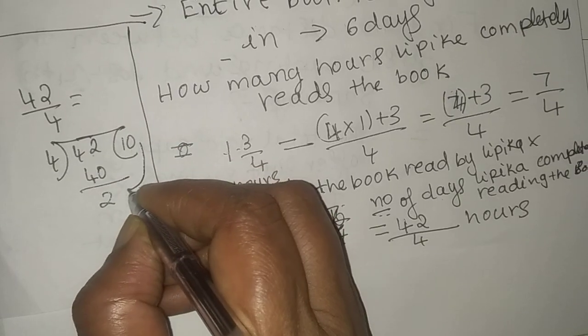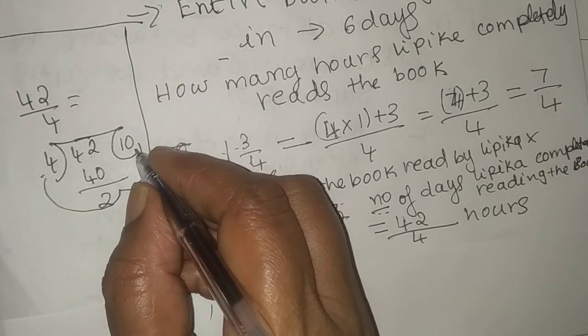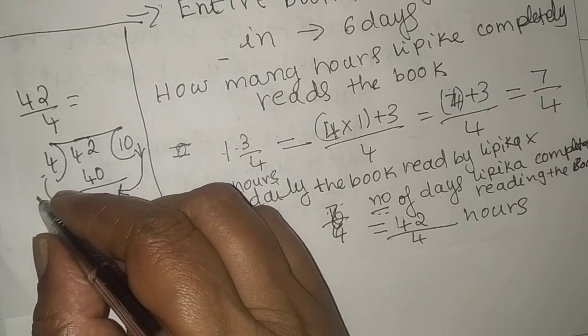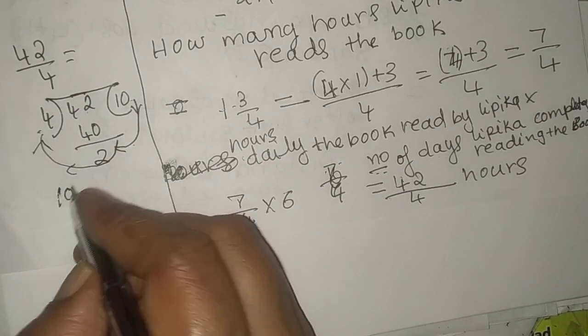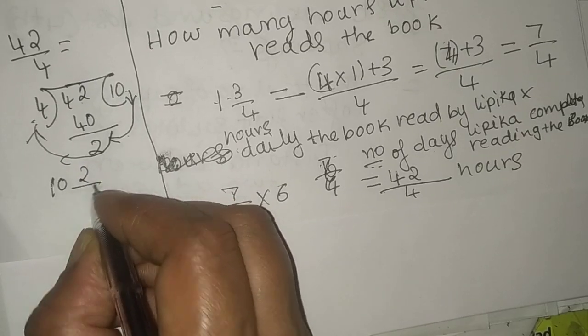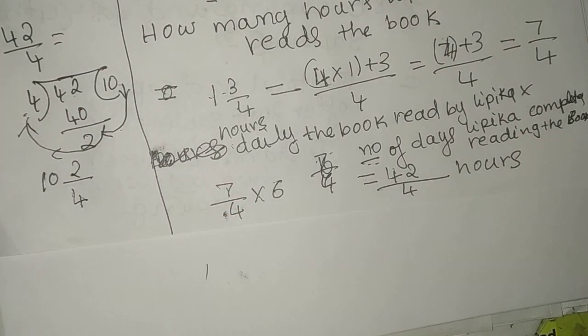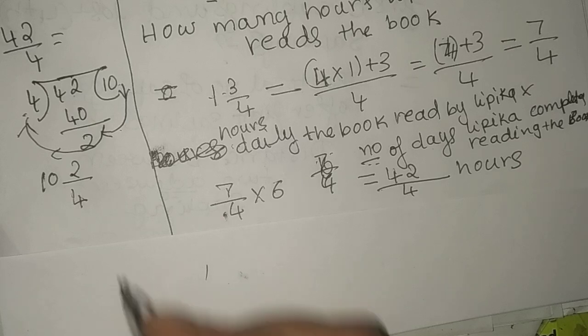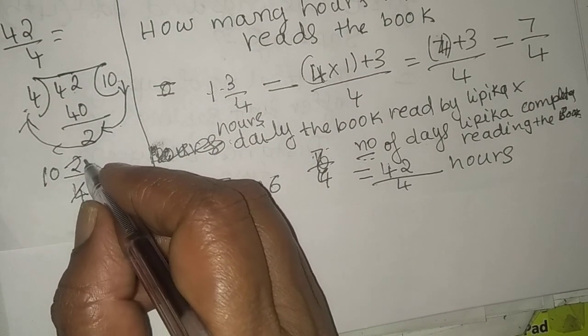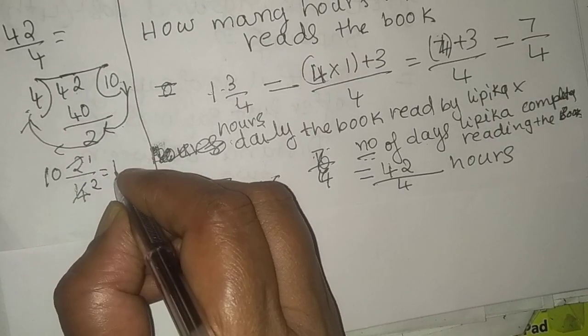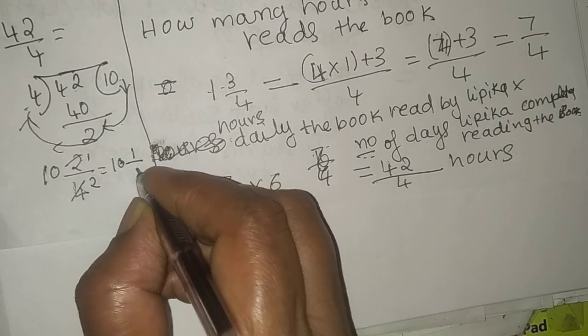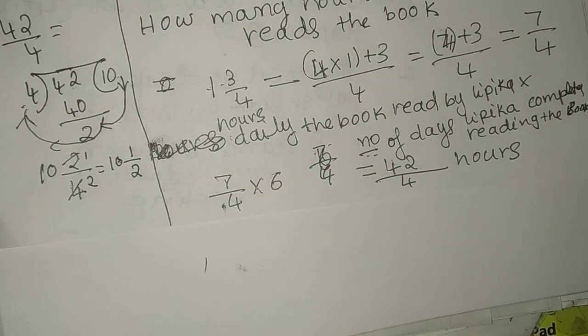Now you have to write in this form. First write this 10, then 2, then 4: 10 2 by 4 hours we get. This can be further simplified: 2 ones are 2, 2 twos are 4. This can be again written as 10 1 by 2, that is 10.5 hours.